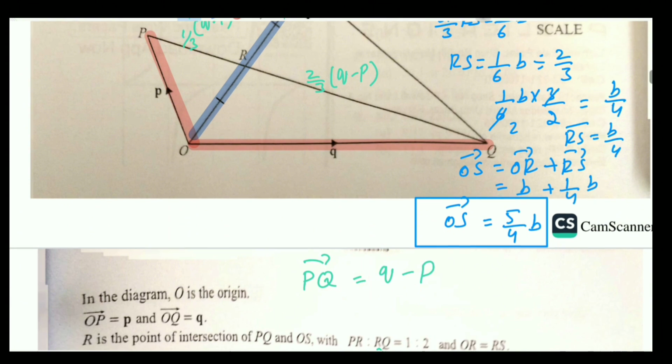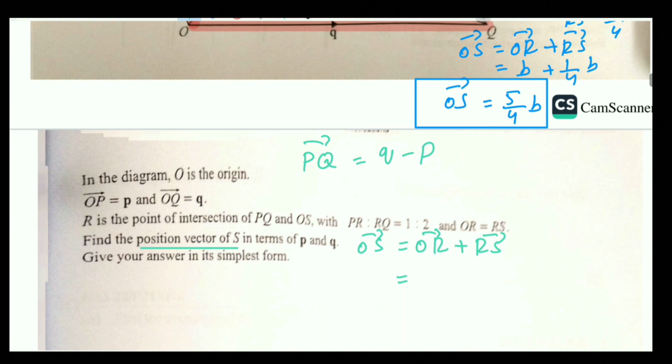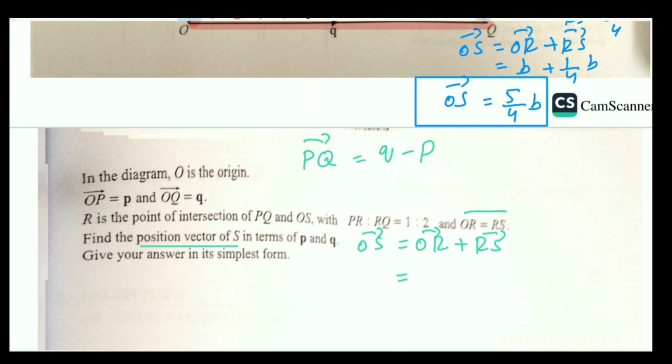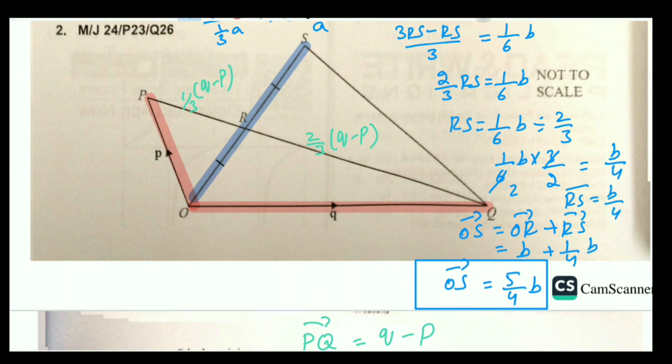So OS is equal to OR plus RS. So what is OR? OR and RS are the same, it is given in the question. It means we can find the value of just OR, RS will be the same. So let's find the value of OR.